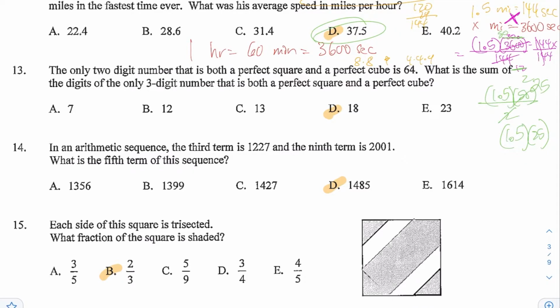So in order to find a three-digit number that can be both a perfect square and a perfect cube, you'll just have to keep increasing the digits. So you can go 5 times 5 times 5, which is 125, and 6 times 6 times 6 is 36 times 6, which is 216, which is not a perfect square.